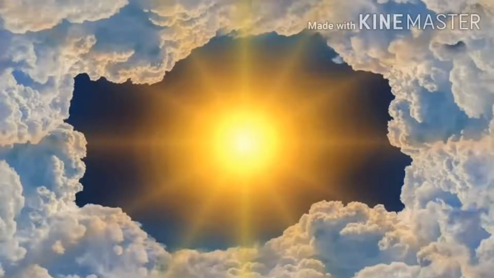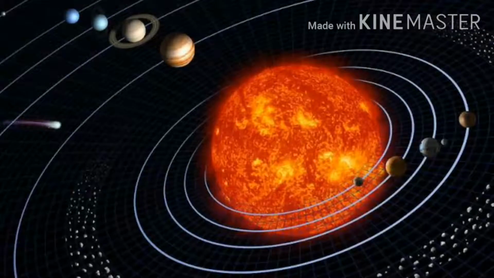And what makes up the solar system? The sun, planets, moons, comets, asteroids, dust and gases also make up the solar system. Right?